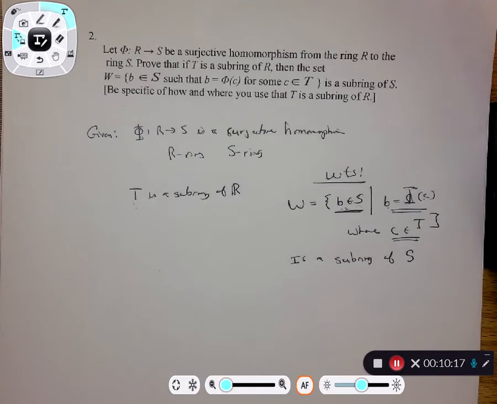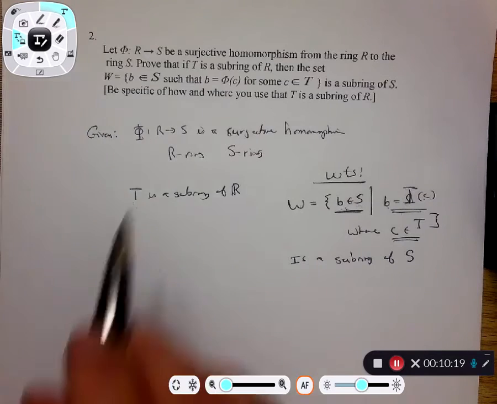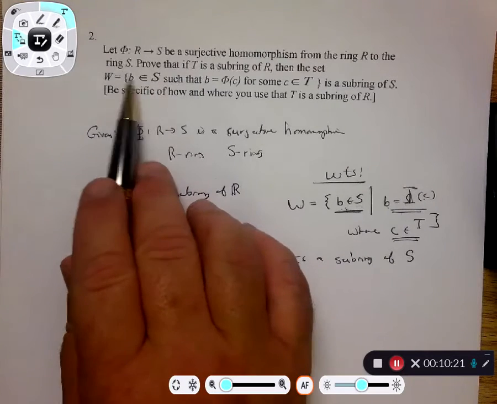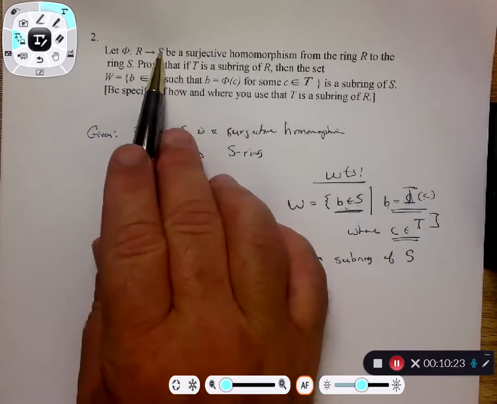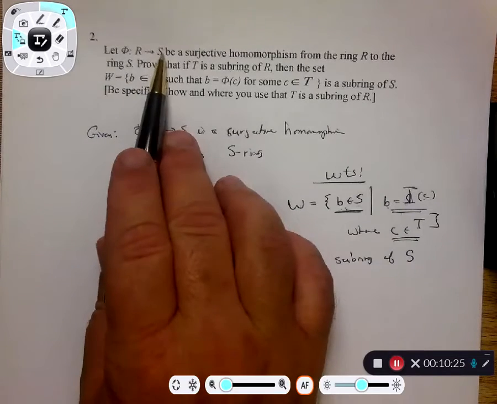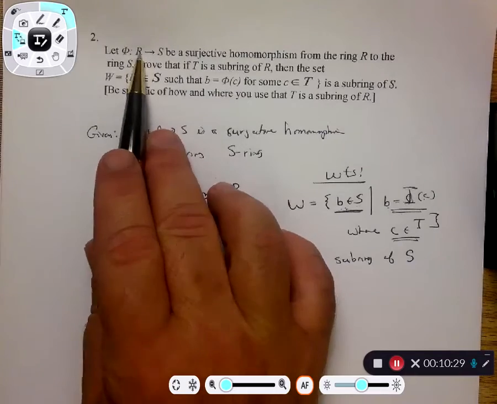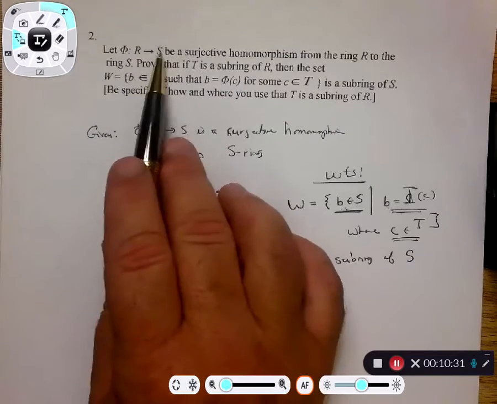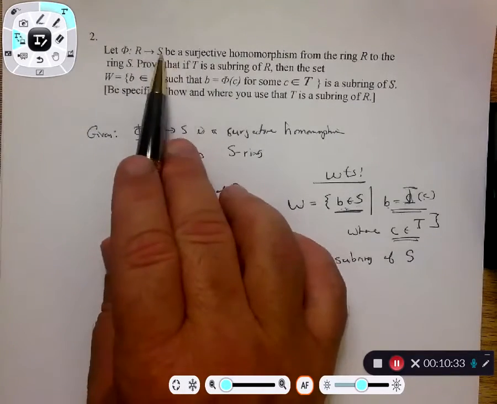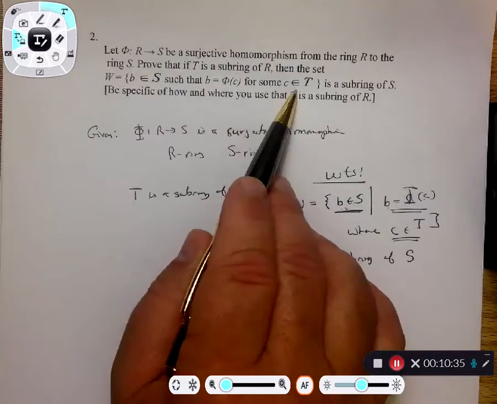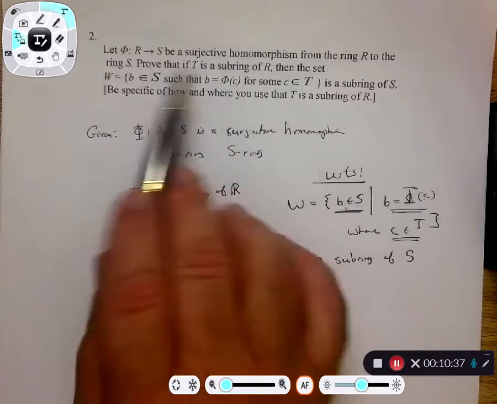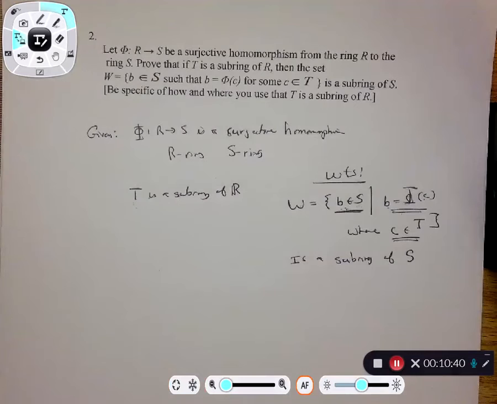So what we're really doing here, if you look at this, is you got phi going from R to S. W is inside of S. T is a subring inside of R. And so W is all the elements of S such that it's equal to phi of some dude that came from T. So subrings mapping to subrings is what you're actually proving here. Under homomorphisms, it's property preserving.